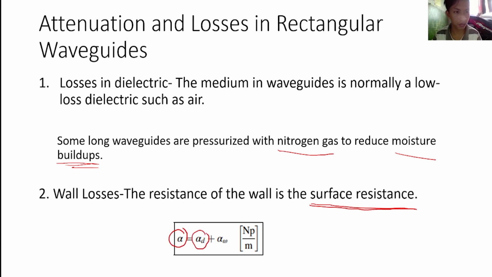This is from the dielectric, and this is the wall losses. That's why I mentioned in the previous slide that they use silver, to reduce the losses and attenuation.